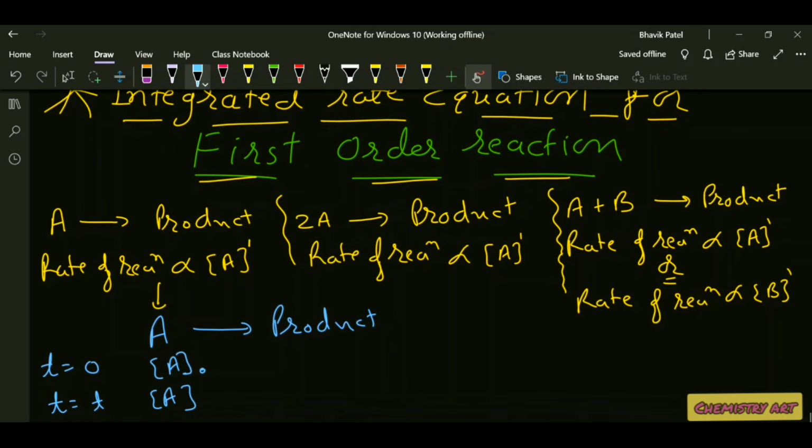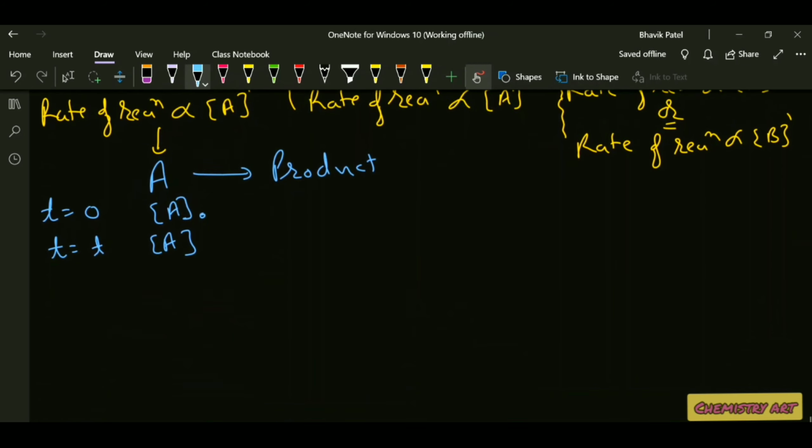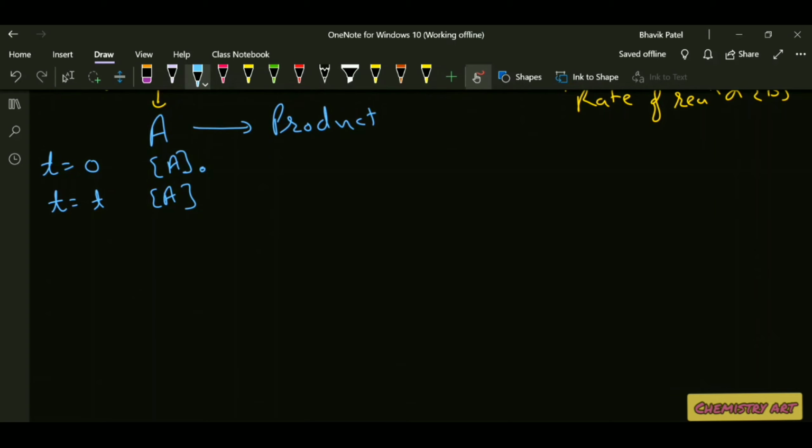For this reaction, the rate can be written as rate equals minus dA upon dt.